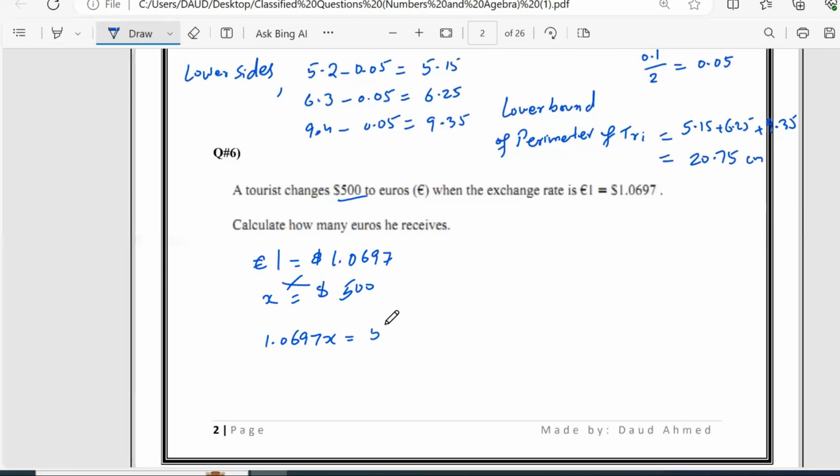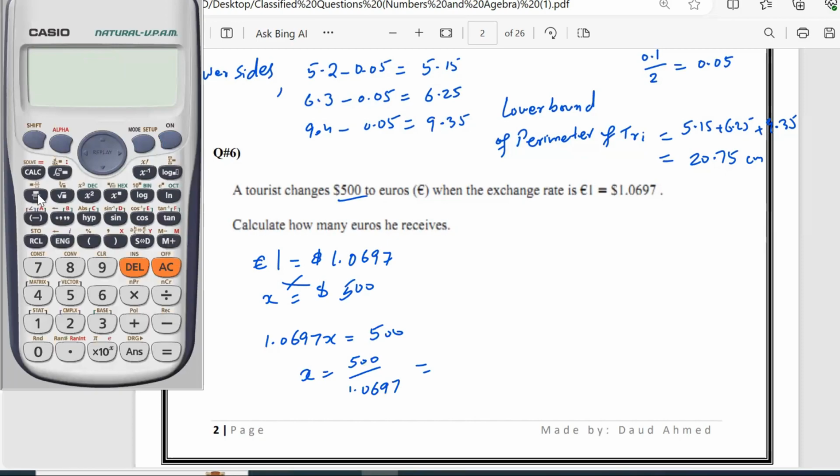1.0697x is equal to 500. And next step, x equals 500 over 1.0697, which is equal, we can check here, 500 over 1.0697, that gives me 467.4, but we are looking for how many euros.